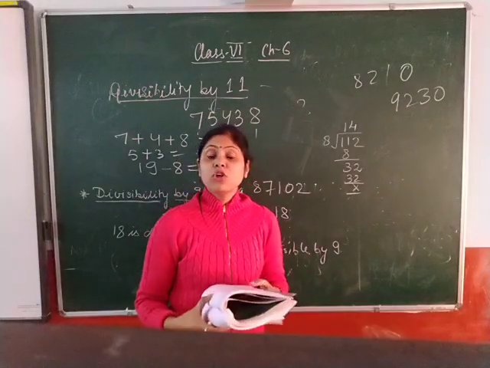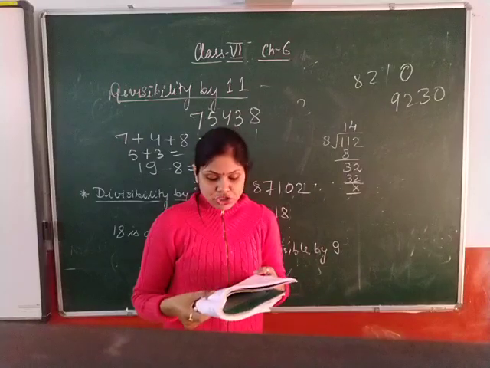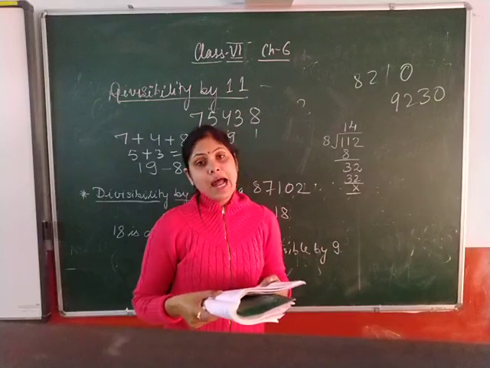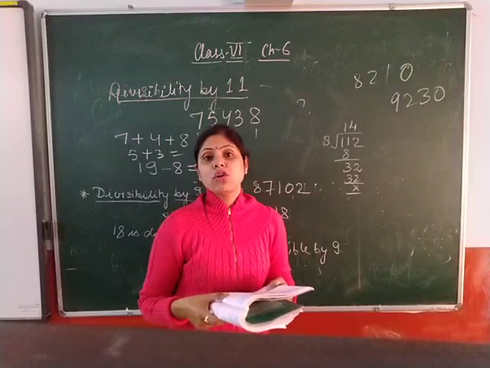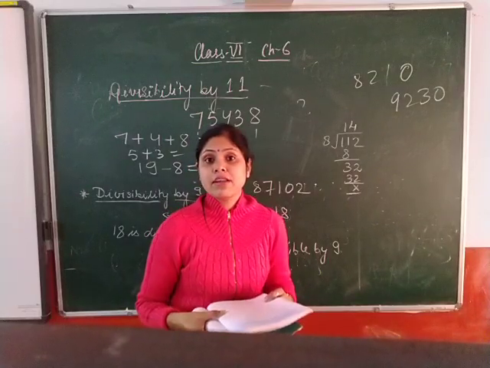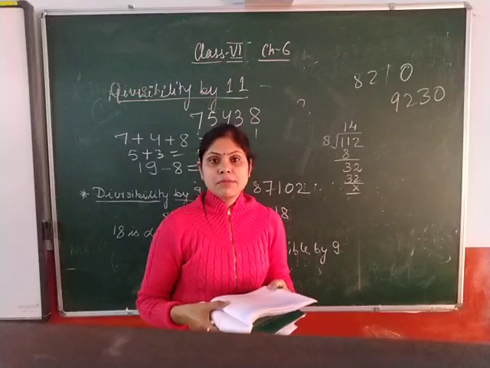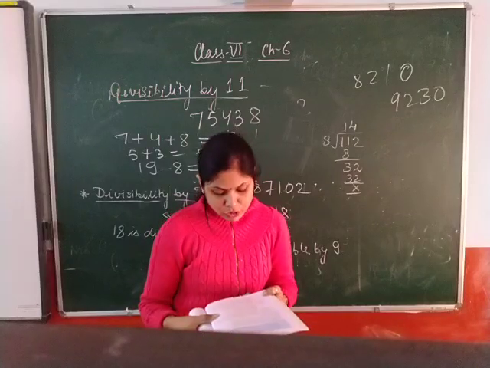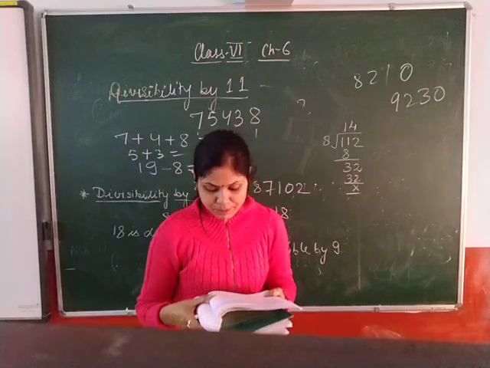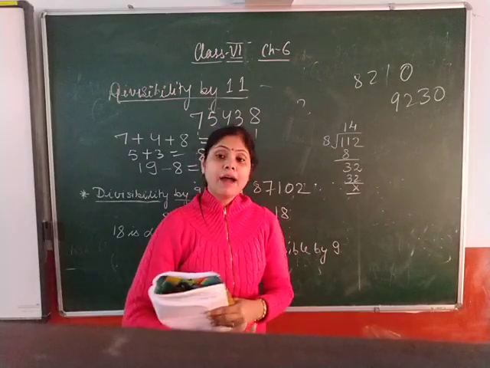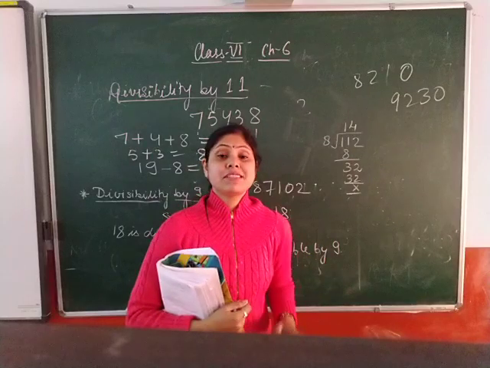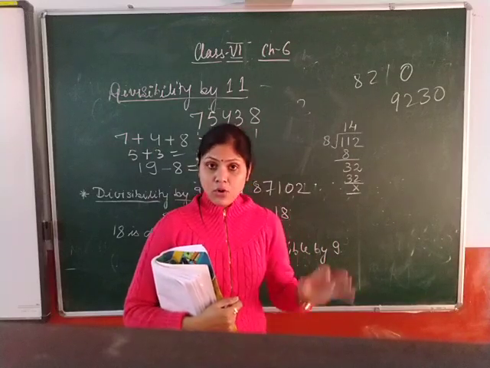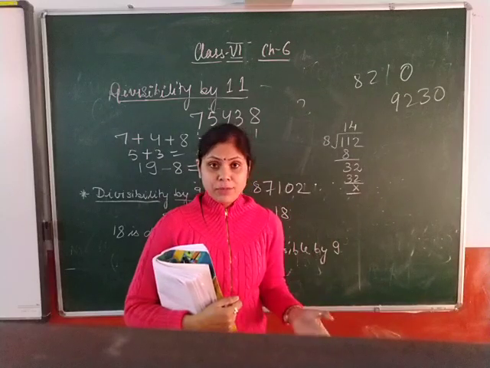What we did for 2: when we check divisibility by 2, if the digit at the ones place is 0, 2, 4, 6, 8, meaning it is an even number, then the number is divisible by 2. When you check divisibility by 3, you add the digits of a number. If the sum is divisible by 3, then the whole number is divisible by 3.